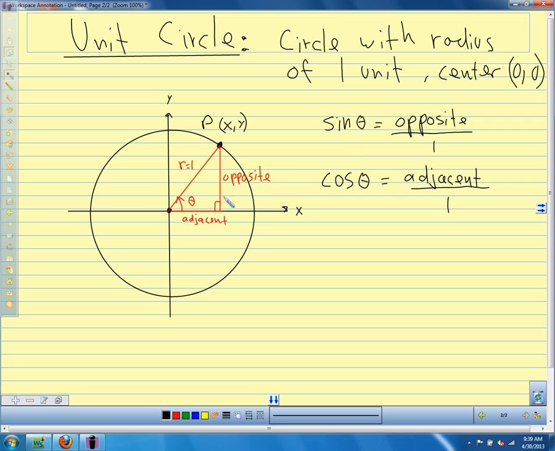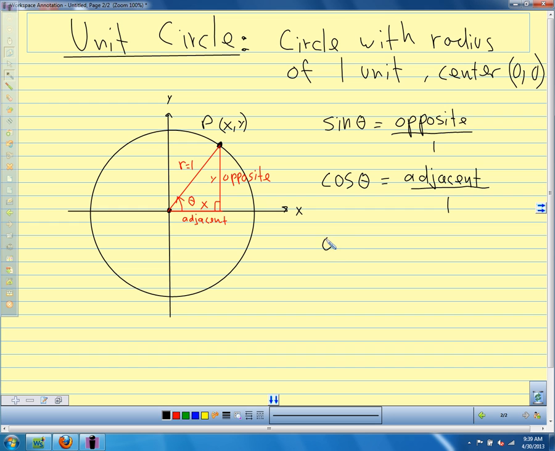Well, the opposite side of the triangle tells us how far up we're going from the x-axis. That's our y-coordinate. The adjacent tells us how far over I'm going to get to this point. So that's the x-coordinate of our point. So this is why the unit circle is really convenient to use.